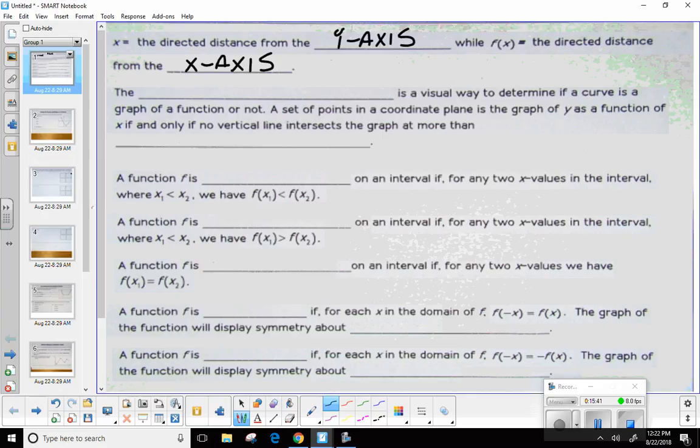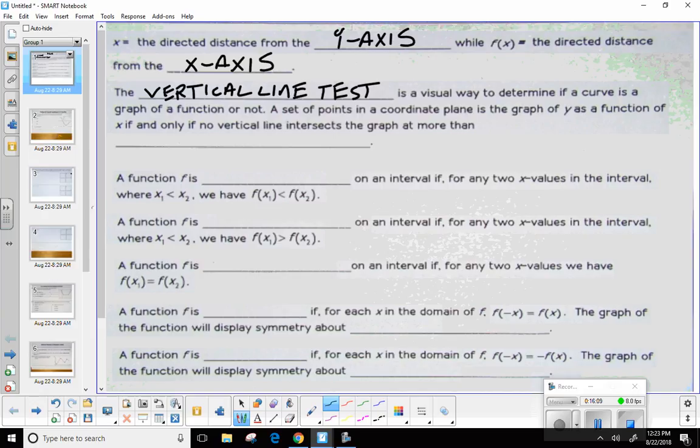Called it the pencil test or the vertical line test. There we go. The vertical line test. Okay. And then it goes on to say a set of points in a coordinate plane is the graph of y as a function of x if and only if no vertical line intersects the graph at more than how many points? 1 point.